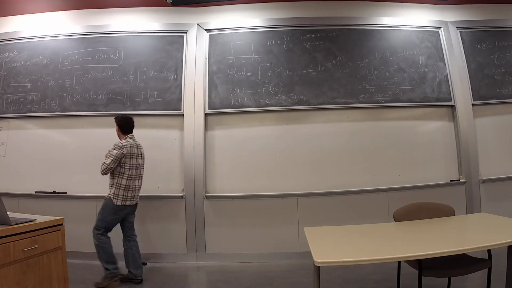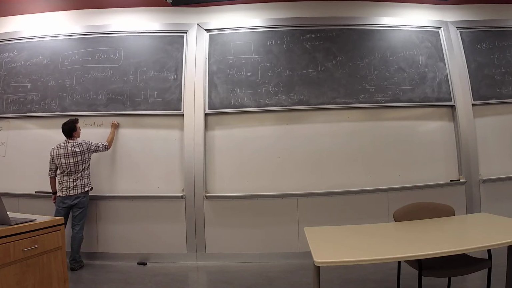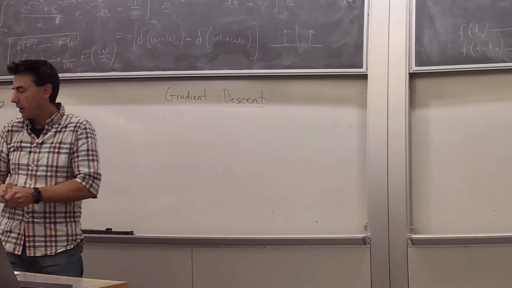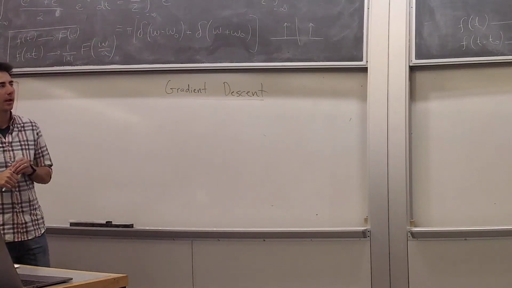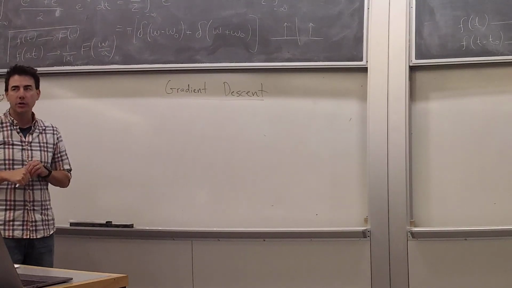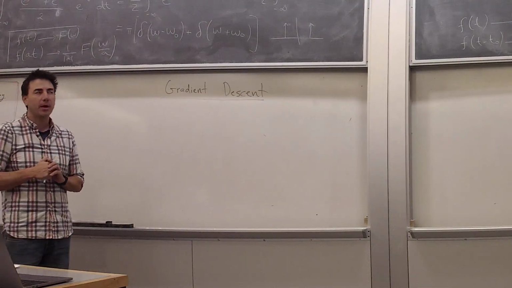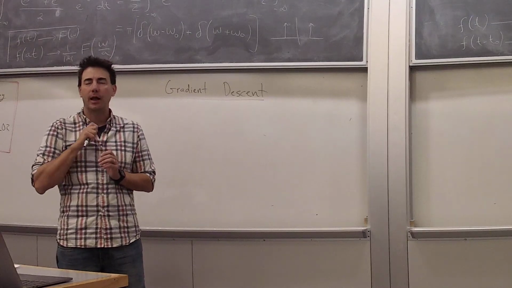Okay, so we're going to start talking about gradient descent. This is basically the main algorithm used, in some variation, to solve many problems in data mining and machine learning.